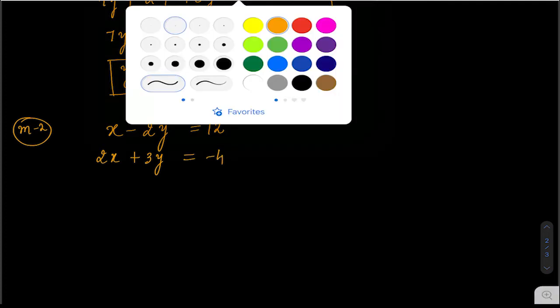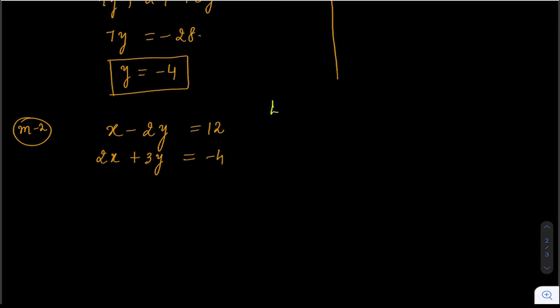Now the second method that we can use is the elimination method. What is this elimination method? You will try to make one coefficient, either of x or y, similar to the other coefficient.